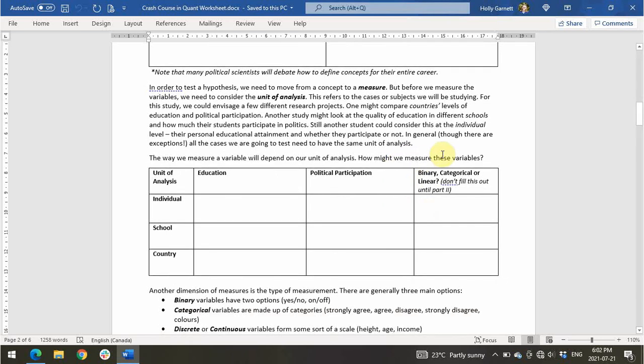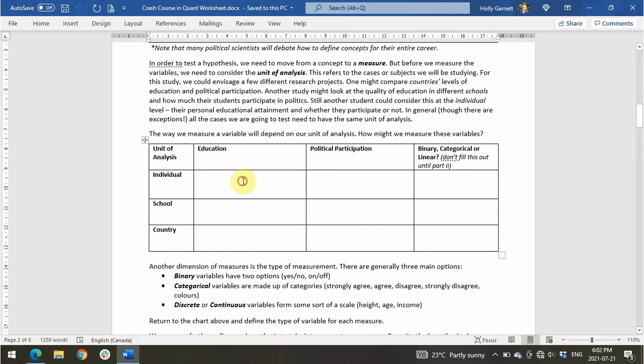And so in general, for today at least, we're going to say that our cases need to be the same unit of analysis. All right. So let's say we wanted to measure education at an individual level. Well, maybe we could ask in a survey, okay, what's the highest level of education you've received?